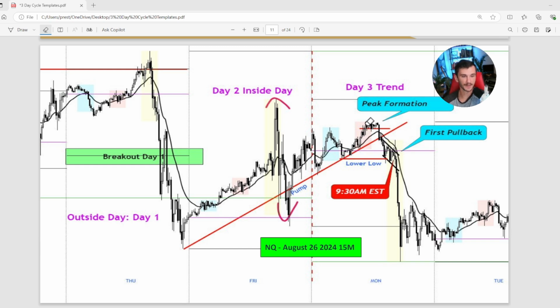However, once we get to the high of the day and it goes into consolidation and you get a peak formation high, and then the market starts making lower lows and lower highs, now your thesis can change and you can look for the other option, which would be the trend opportunity based off of day 1, day 2, day 3. Day 1 was a breakout day, day 2 a pullback day, basically the pump, and then now we can look for the dump.